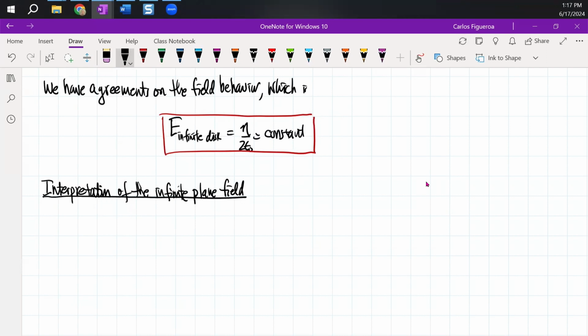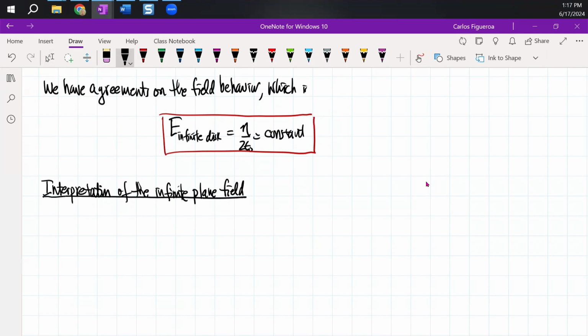One of the things that I find really interesting is that note that the electric field of the infinite plane is a constant. In other words, it does not contain the variable z. This is a surprising and correct equation.